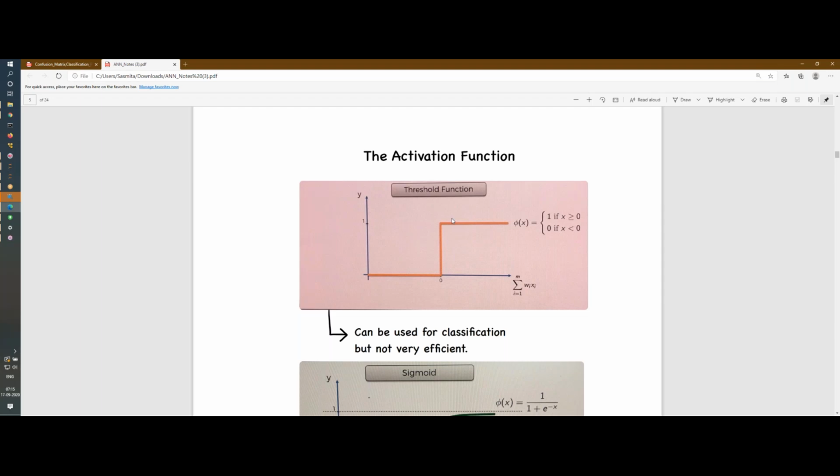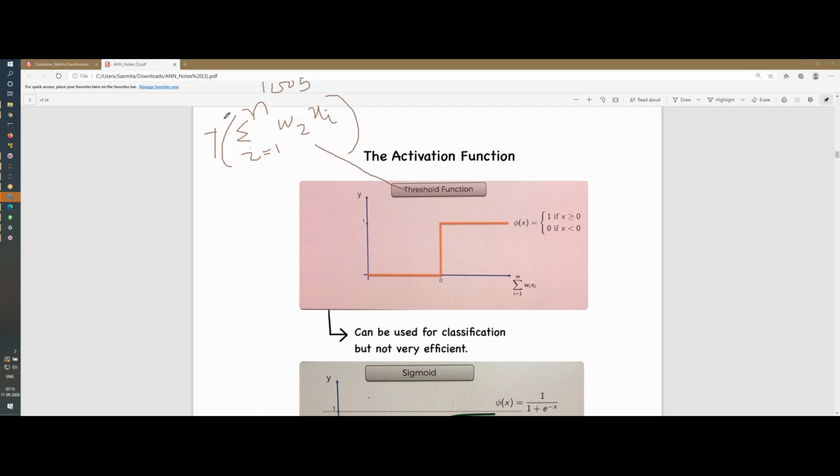So the first activation function is a very simple function. The first activation function is threshold function. So if I'm using threshold function and I am passing the sum from i equals 1 to n of wi xi, and the output of that, let's say, is coming 1005 when I multiply and add.